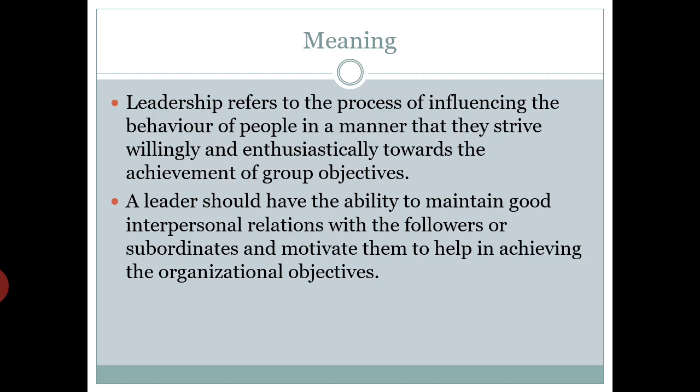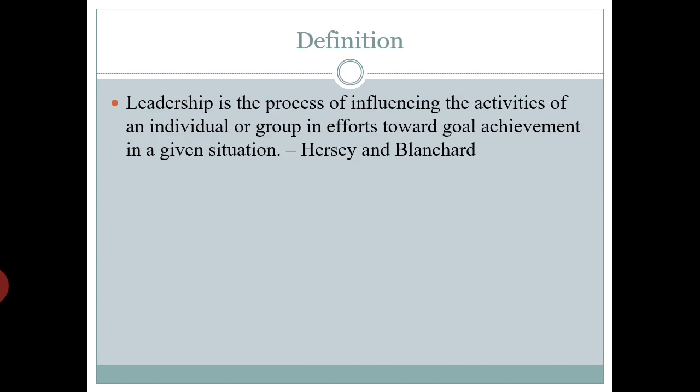This leader, that is, the manager of your organization, what is he supposed to do? He is supposed to motivate his subordinates so that the objectives of the organization will be accomplished. Let's see the definition of leadership.